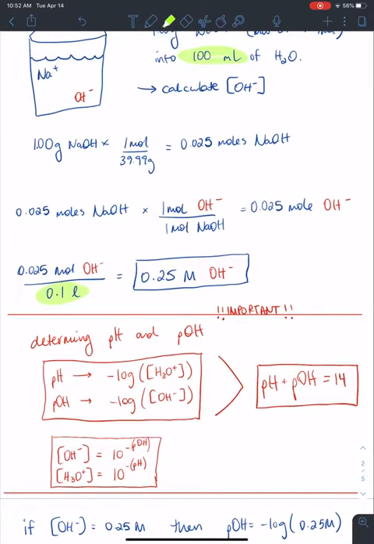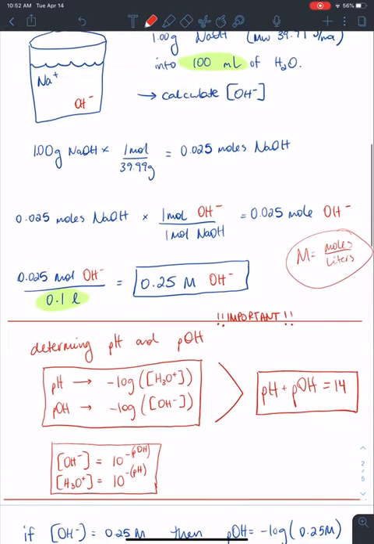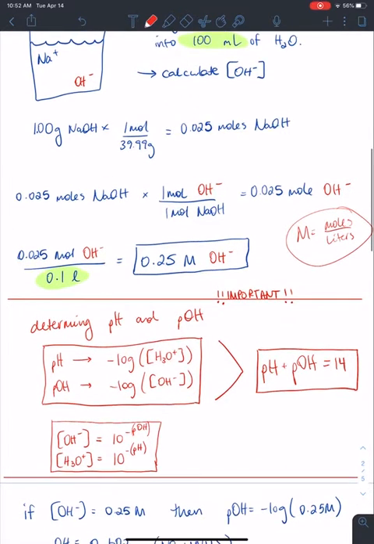We have to convert to liters. Molarity is equal to moles over liters. That's important. So you do 0.025 divided by 0.1. You find that you have a concentration of hydroxide ions of 0.25 molar. Okay? That's pretty straightforward. That's what we've done a little bit before today, just not with acids and bases.